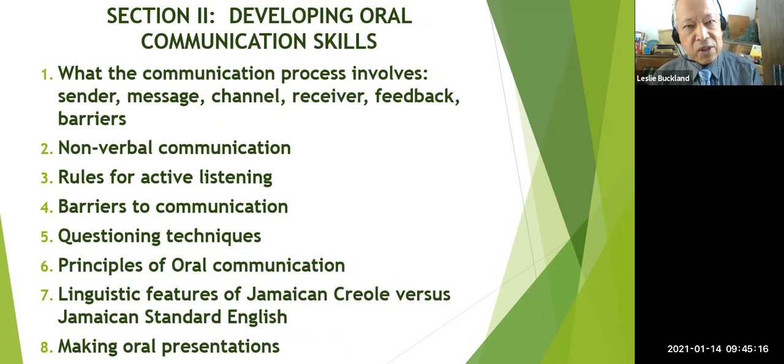They'll be starting section 2, developing oral communication skills, and they will be starting number 1, what the communication process involves, such as the sender, message, channel by which the message is sent, receiver, that is the person who hears the message.